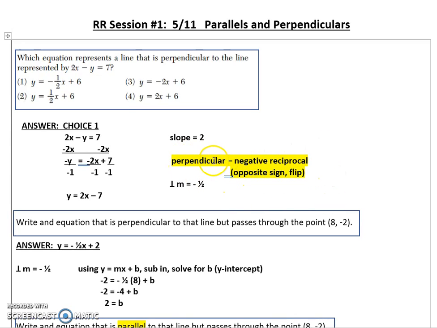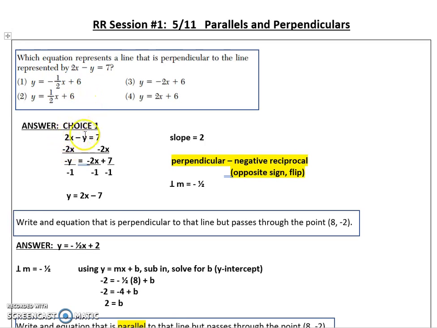In other words, when we want to create a 90-degree angle, we want to take the slope and find the negative, which actually means opposite sign. I know that's confusing to some people. When it says negative, it just means the opposite sign. So if the slope starts as positive, then perpendicular would be negative. Reciprocal means flip. So you flip the actual fraction that you get.